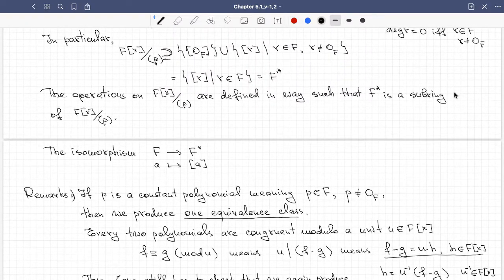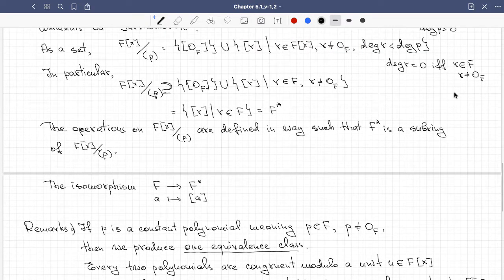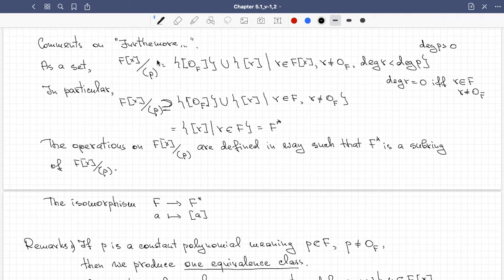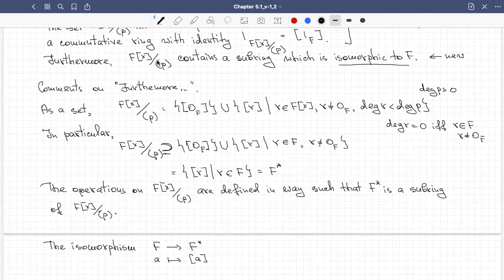So I want to again speak about this isomorphic copy. So this is one more small remark about this last sentence. So the ring contains a field as a subring.